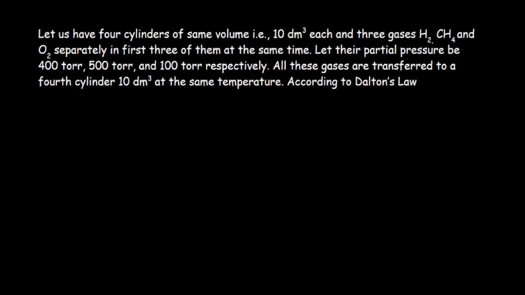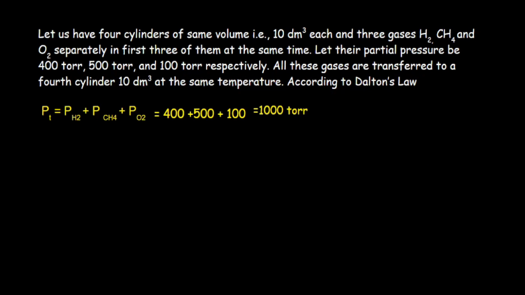When these gases are transferred to a fourth cylinder, this mixture is formed, and according to Dalton's law, the pressure of the system would be the sum of partial pressures of hydrogen, methane, and oxygen. Adding 400, 500, and 100 torr, we get 1000 torr. So the total pressure of the system would be 1000 torr.